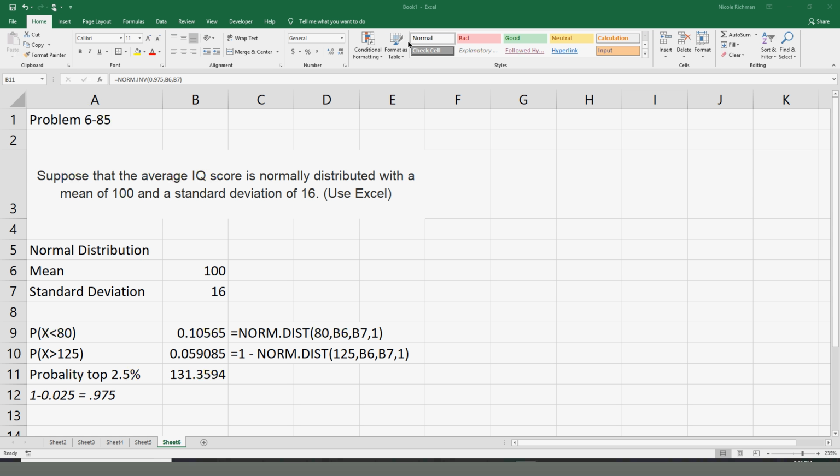So in order to be in the top 2.5%, someone would need to have a score of 131.6.